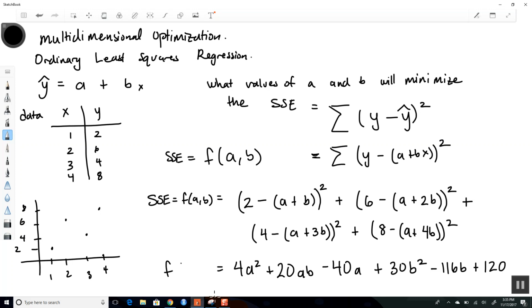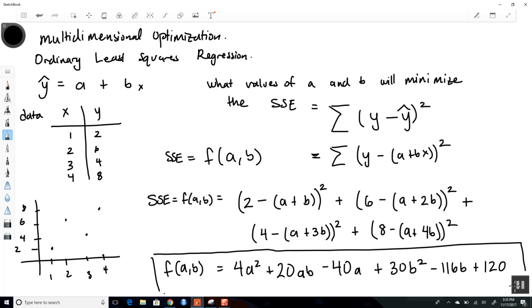Okay, so this is now my function of a and b that I want to minimize here.